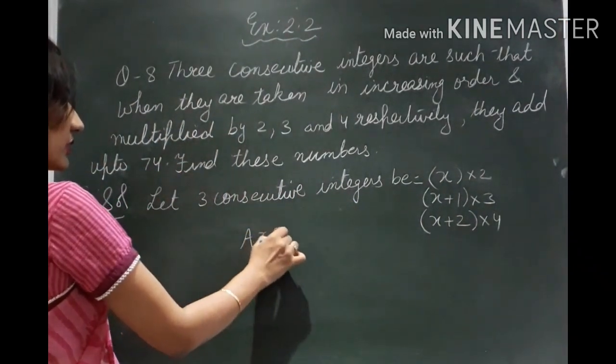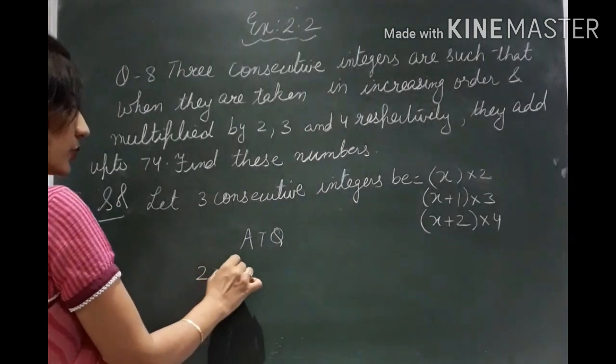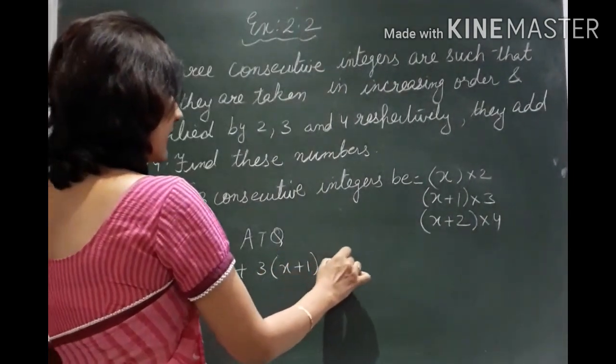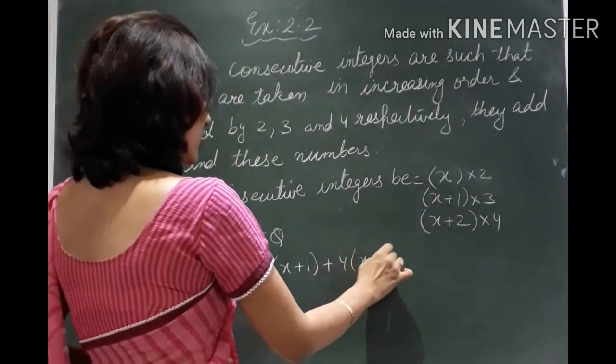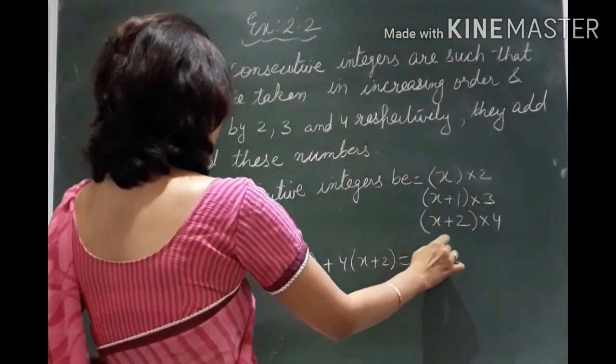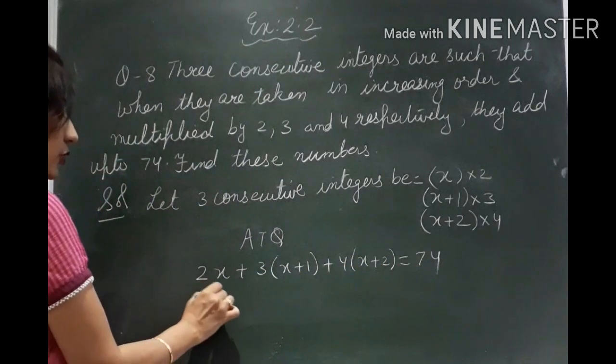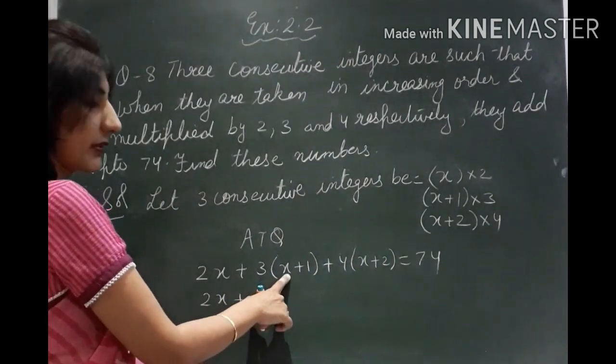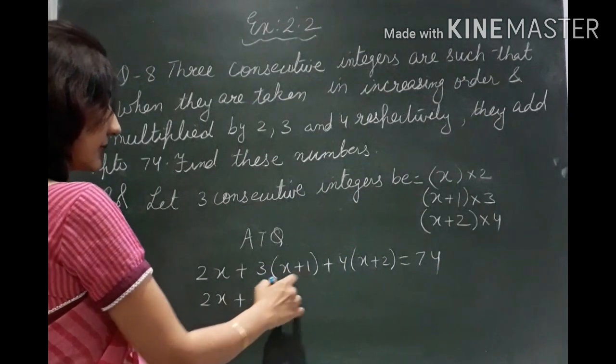So according to the question, 2 into x, 2x, plus 3 into x plus 1, plus 4 into x plus 2 is equal to 74. Then 3 into x plus 1 means this 3 will be multiplied by x and also by 1.